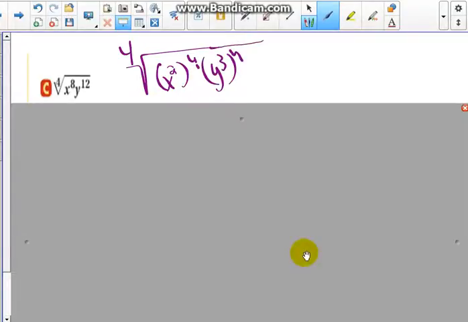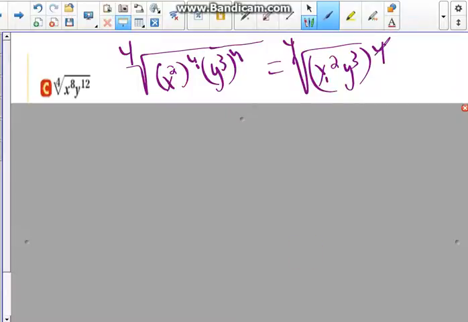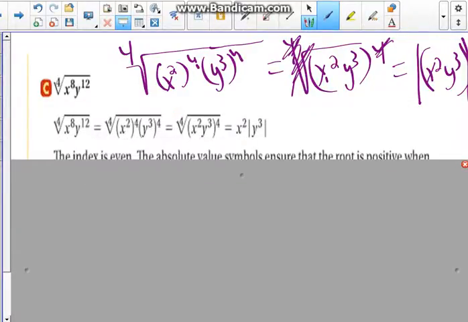Because power to power multiplies, that becomes x to the 8th, y to the 12th. And now rewrite it: x squared y cubed to the 4th power. Now we can clear them. And let's see, it's even, so it's going to be an absolute value, x squared y cubed.